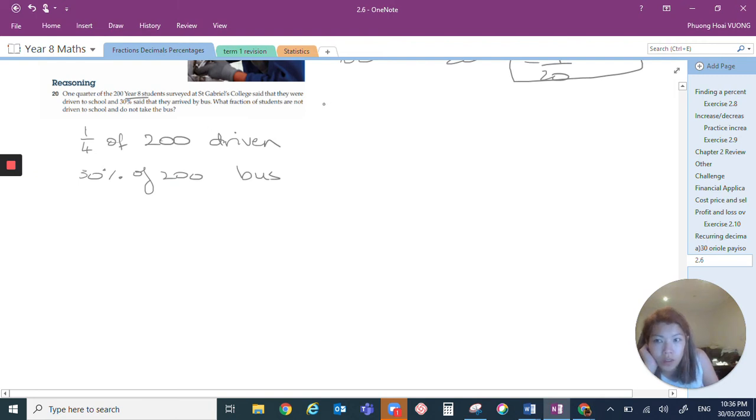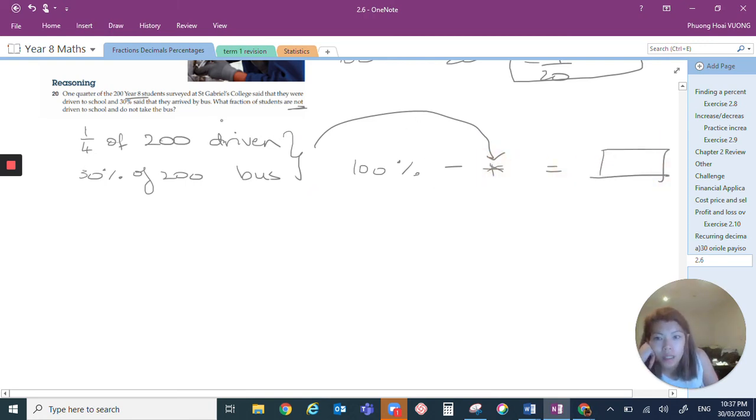What fraction of students are not driven to school by bus? So we want 100% minus this group equals what we want.